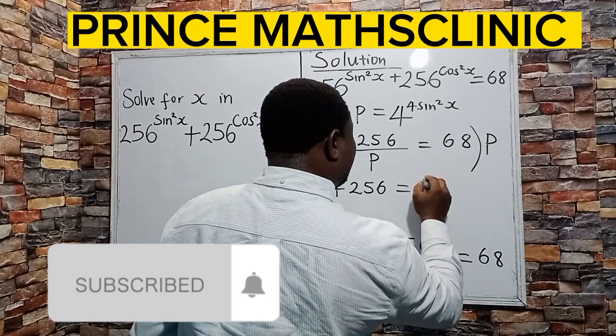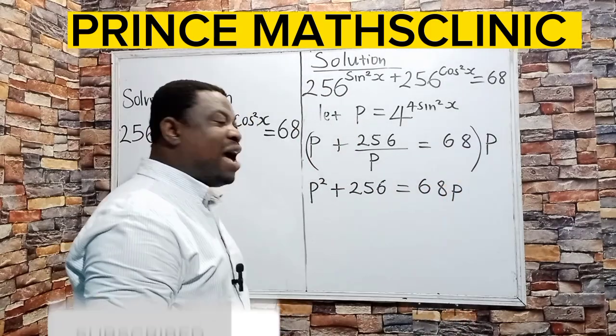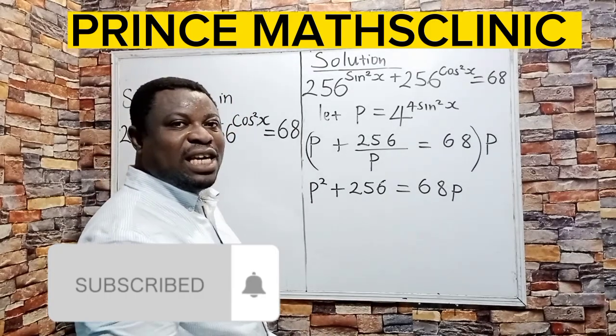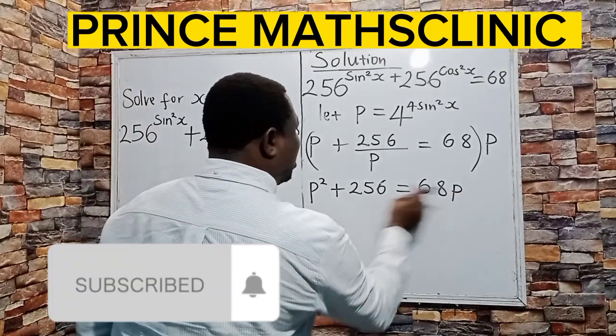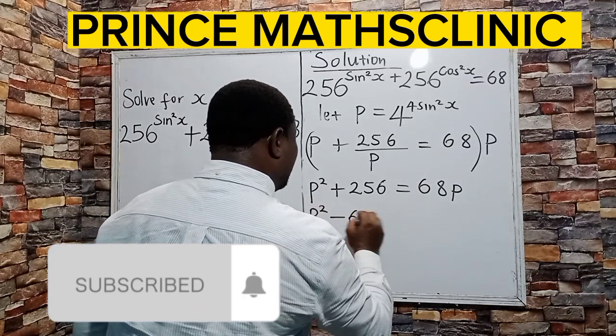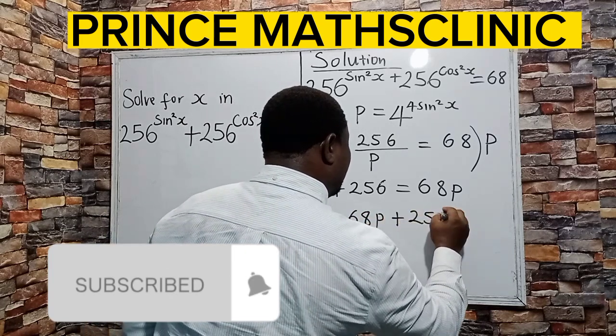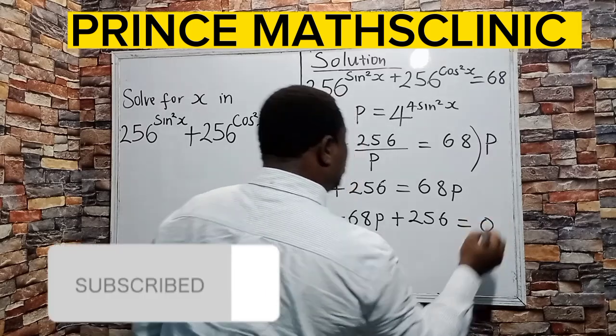Then if I multiply 68 by p, I will have 68p. Here we have a quadratic equation. So I'll move 68p to this point. So it becomes p squared minus 68p plus 256 equal to 0.